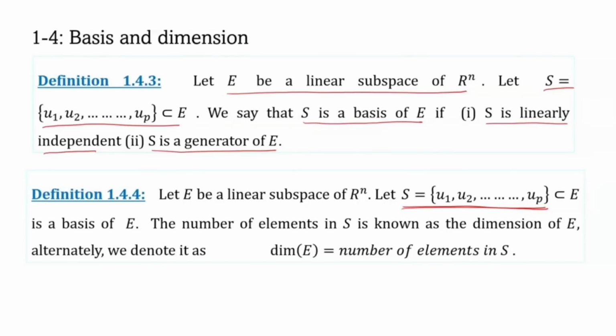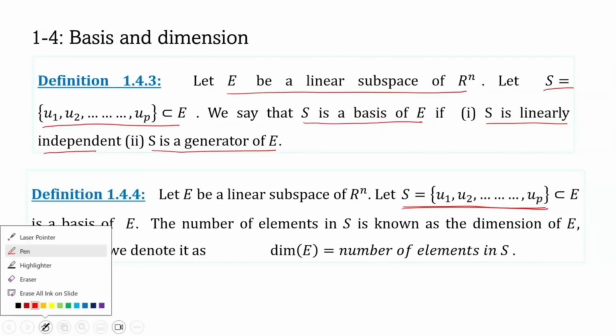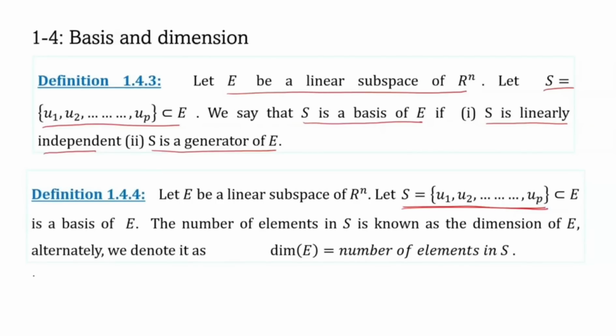So let's have a basic example here. We will have V equal to R, the set of real numbers, and take the set S equal to {1}. Then you will see that any v1 belonging to R we can write as v1 equals v1 multiplied by 1.